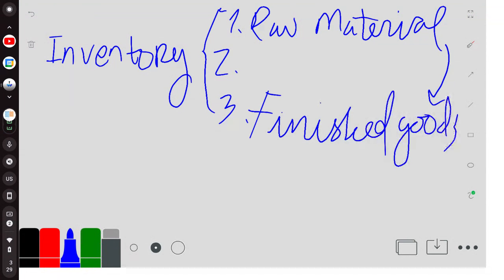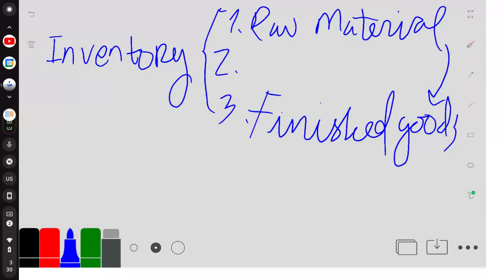But number two, what does that mean? That's basically the stage or state between the raw material and finished goods. So the in-between state. What is the in-between state?